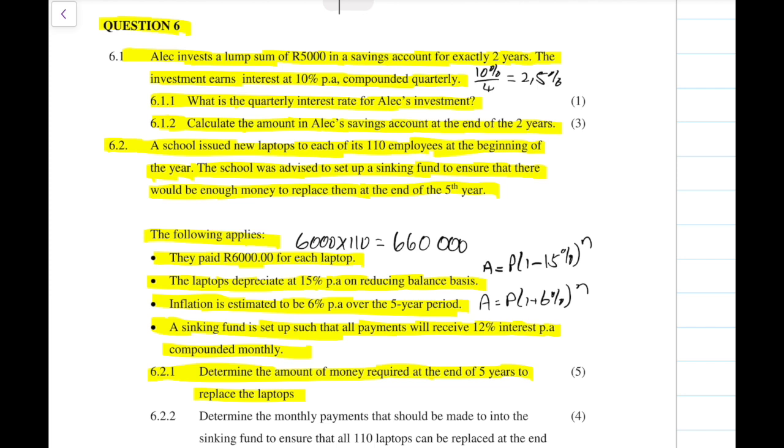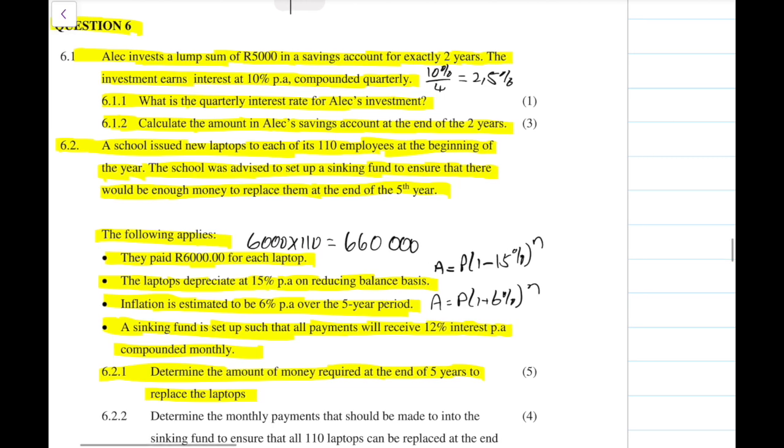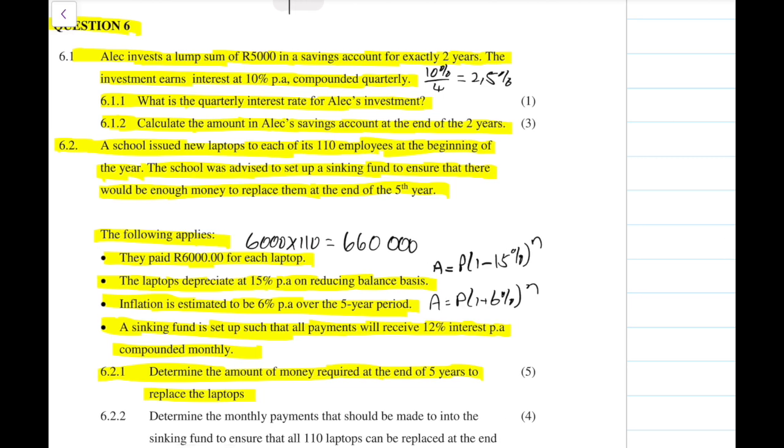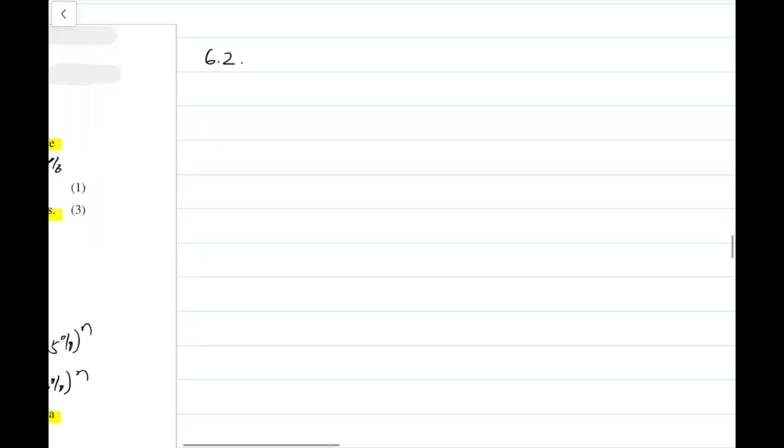So first, let's figure out the trading or carrying value of these laptops after 5 years. So 6.2.1. First up, the laptops are worth 660,000, so 1 minus the 15%, all to the power of 5.